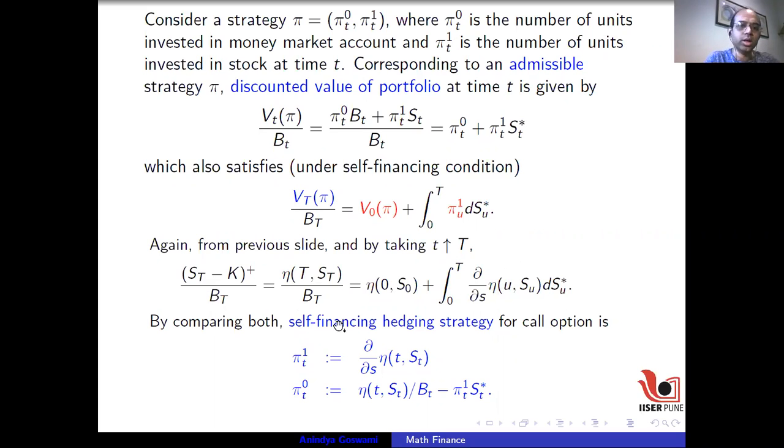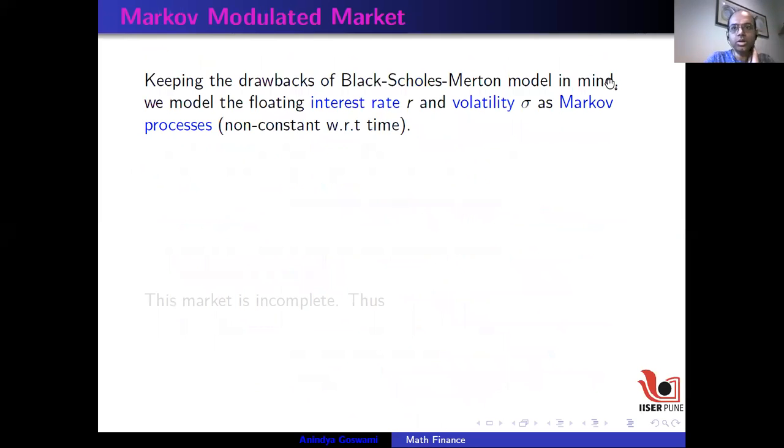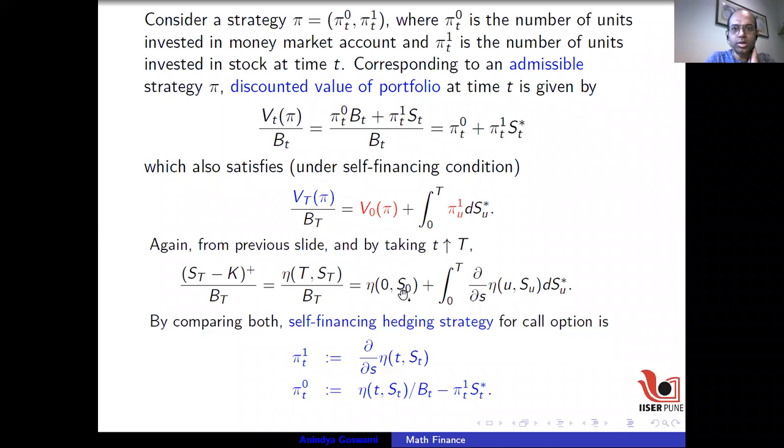That is the solution. So by comparing both, the self-financing hedging strategy for the call option is that your pi one, the pi one we started with, is this partial derivative, and pi zero you can of course obtain from here: V star is equal to pi zero plus this.